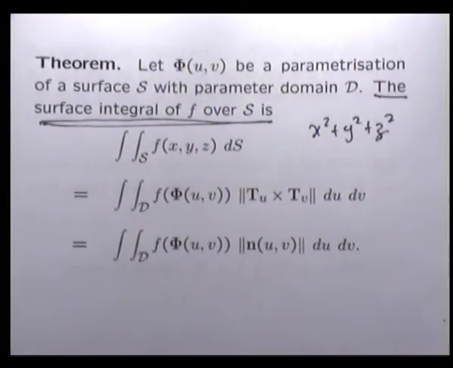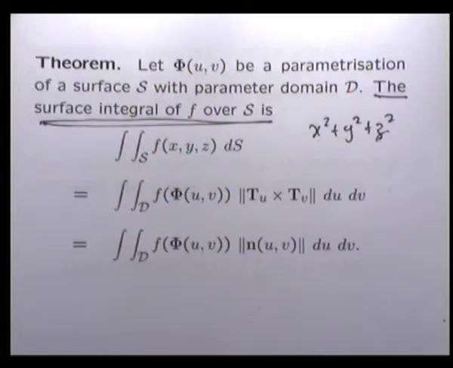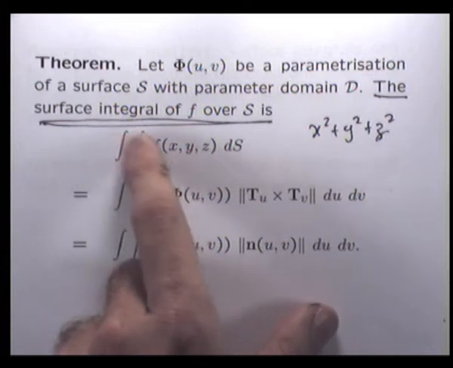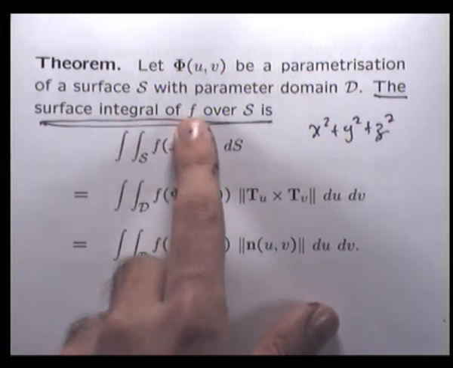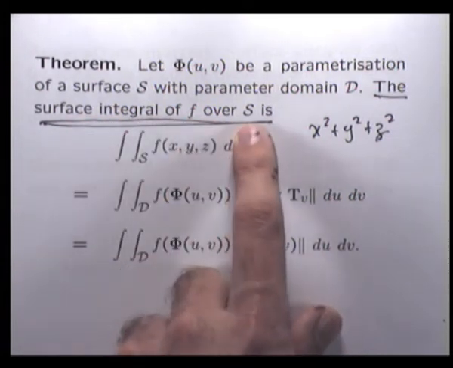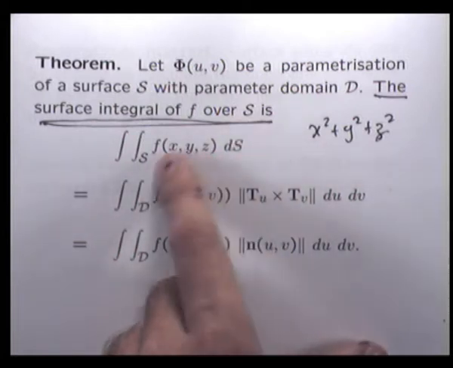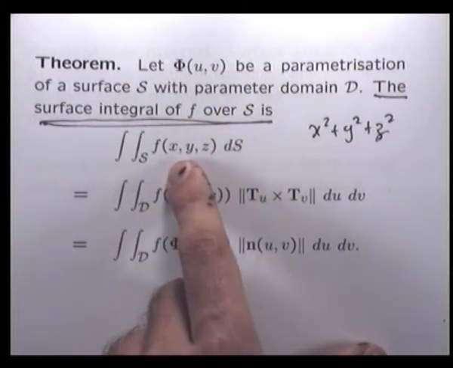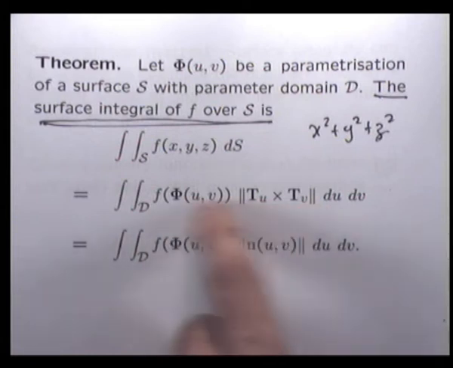Now, our analysis of the surface area led us to define a new idea called the surface integral of f over curly S. This is how we denote it, and this is actually how we compute it.